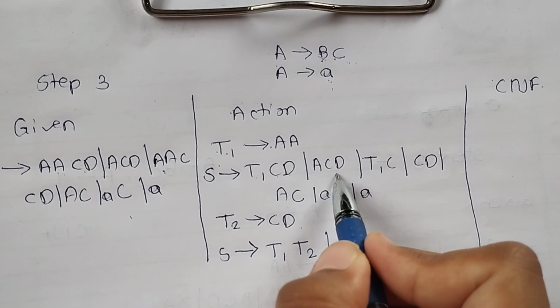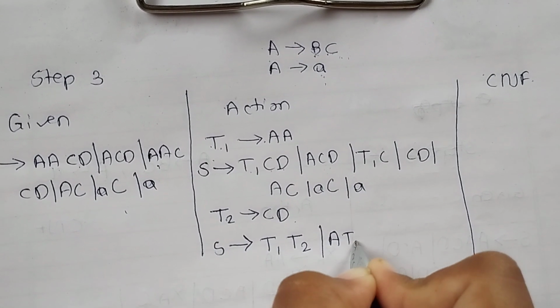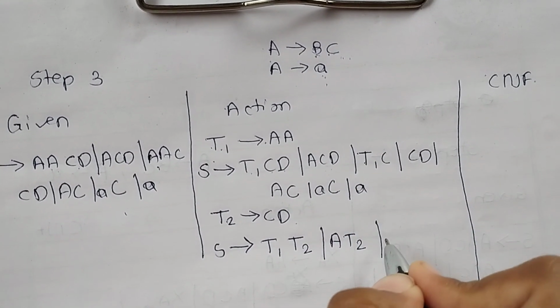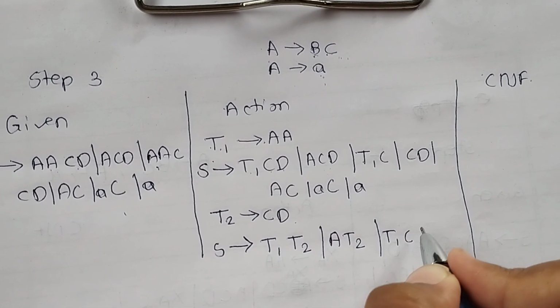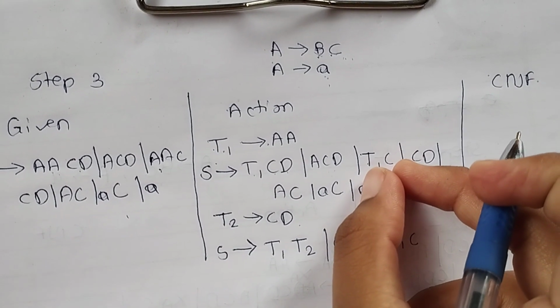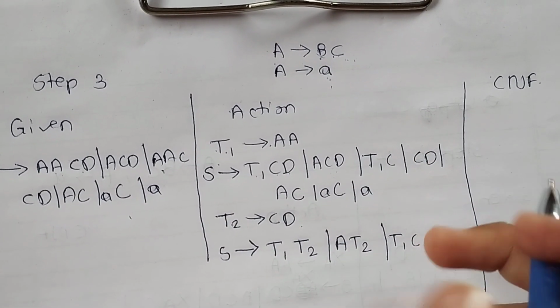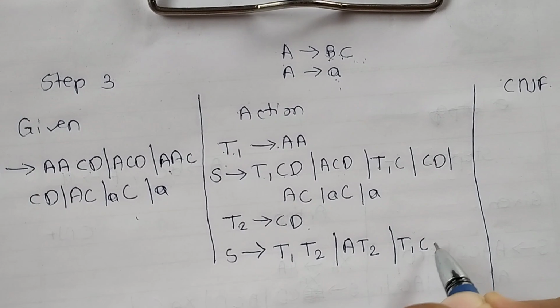You can assume any variable and any number of variables. Now CD is also present, so AT2. Then this T1C we write as it is, because here two capital letters are present and we want two capital letters.